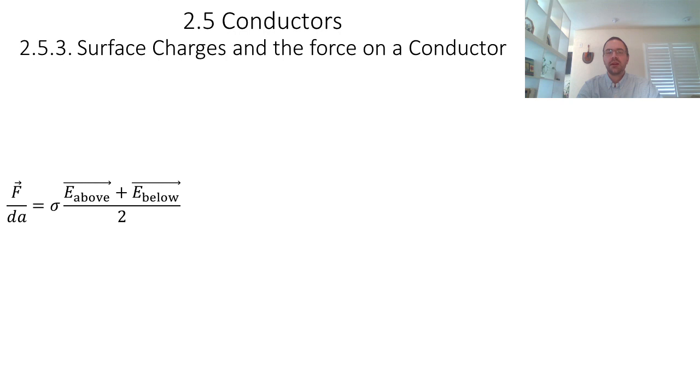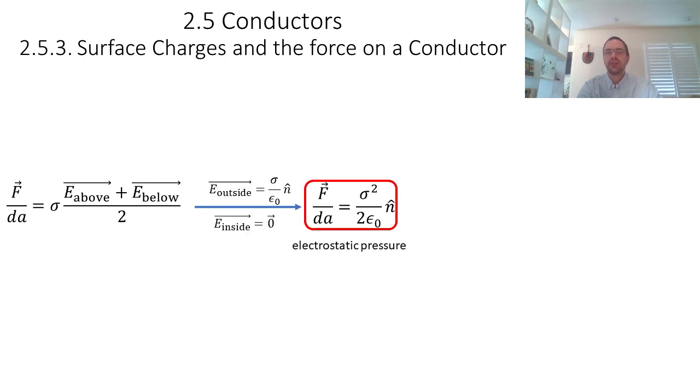Now that we got this reminder, let's come back to the force on a charged surface. We found that F over dA is sigma times E above plus E below over 2. That's for any charged surface. But for the surface of a conductor, we can simplify this formula. As we just saw already twice in this video, the field outside is sigma over epsilon naught n hat. Right? And the field inside the conductor is 0.